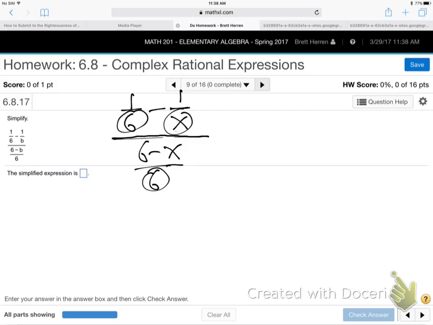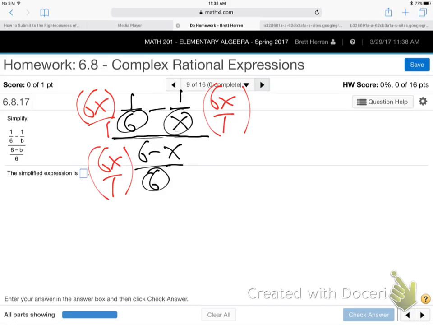That's just one fraction, so it's just going to get one 6x on the bottom. See how there's 2 fractions on the top, but only 1 fraction on the bottom? So the bottom only gets one 6x. So 6x over 1, 6x over 1, and 6x over 1 for the bottom.